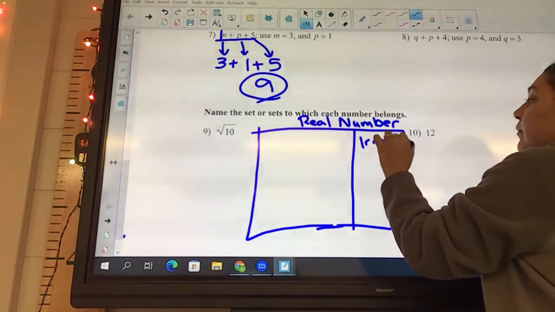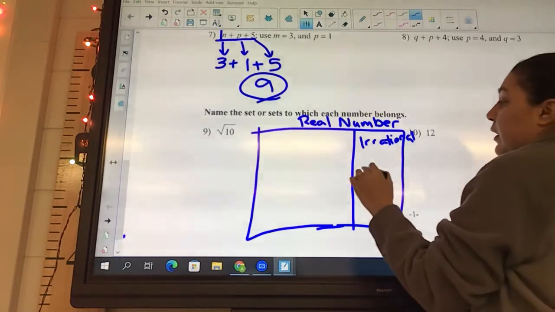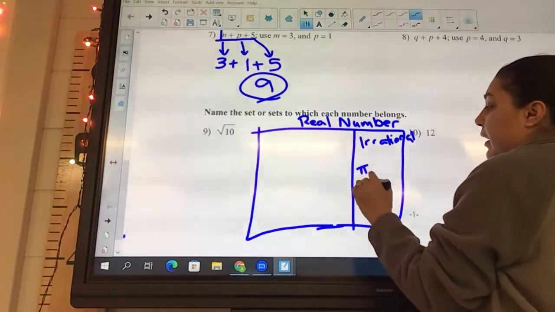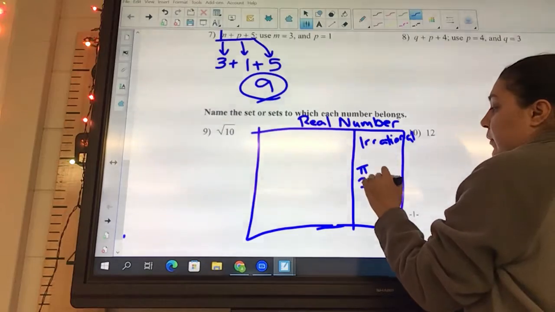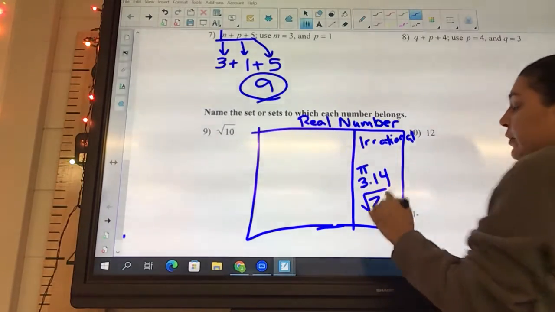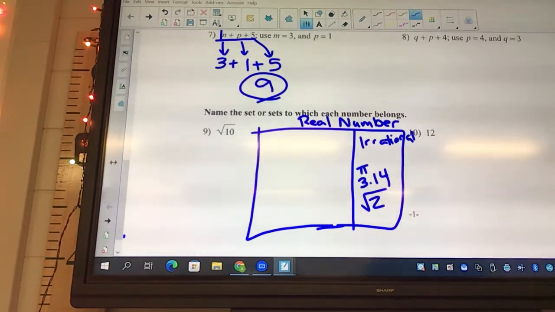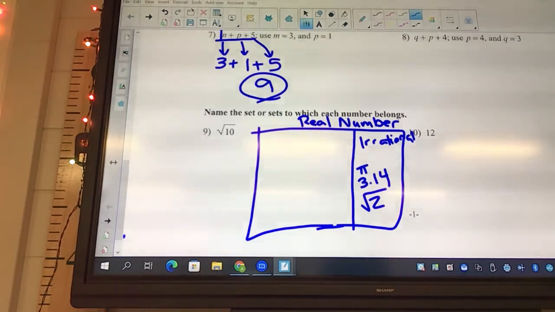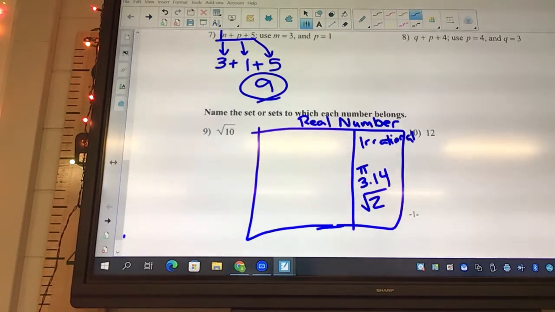Irrational. Okay, and that's going to be pi, 3.14, square root of 2. Okay, they're numbers that what? They go on forever and ever, and the decimal keeps changing.